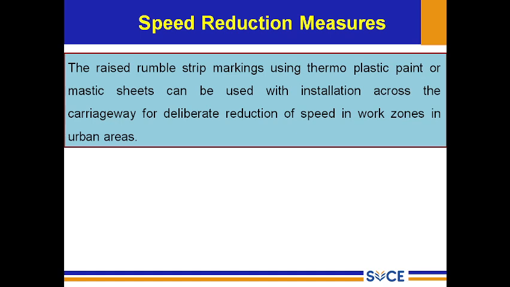Raised rumble strips are used on the edge or the center line of the roadway to warn drivers of the risk of leaving the lane or crossing into opposite traffic. They are usually made of preformed strips which are adhered to the road with paste. These strips are effective in reducing the number of crashes.